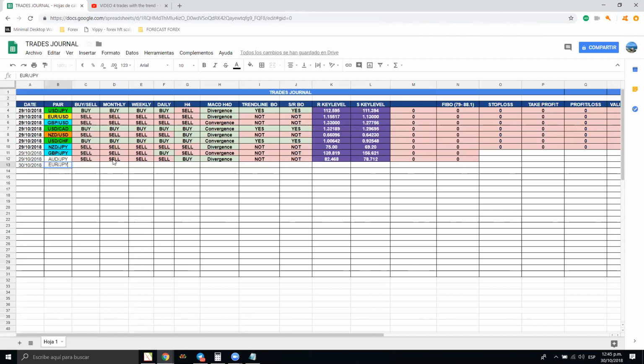Okay, in the monthly, in all the history of this pair, we have been in a sell or bearish sentiment. This is the only thing that I see. I'm not trading on this, just telling from all the history that this pair has been going down.